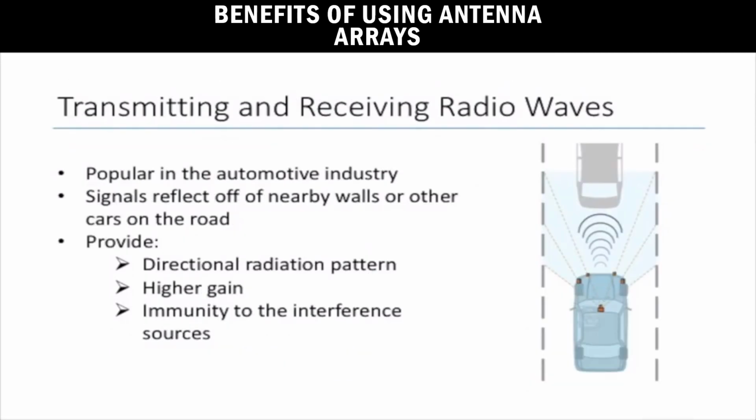Here goes another advanced application. If we add the antenna array into our car somehow and drive the car on the road, we can easily send the signal towards the obstacle or other cars on the road, and that reflects off and comes back to our car, so that well in advance we can avoid the destruction, right?